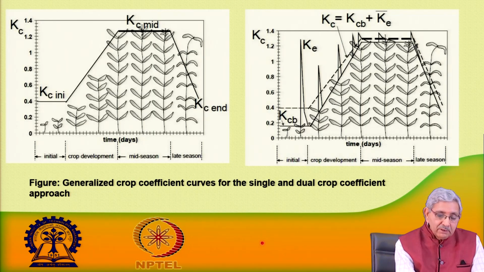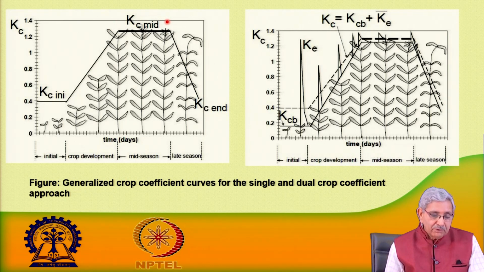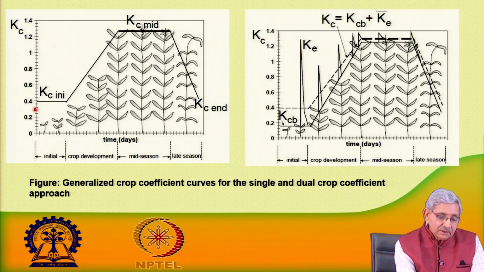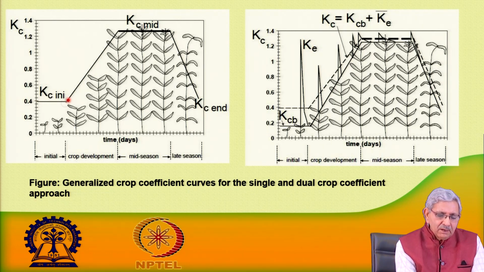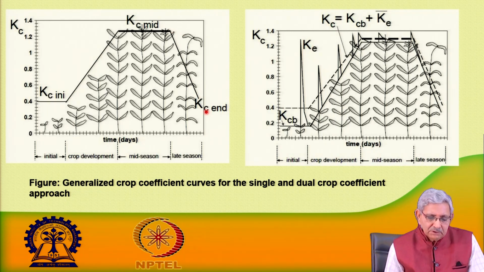Now, the left side diagram. This is a generalized crop coefficient. The left side diagram is for the single crop coefficient, Kc initial. This is a typical generalized crop coefficient graph which we are seeing here. So, Kc initial, then Kc development, Kc mid season, and then Kc end season, meaning all 4 stages.